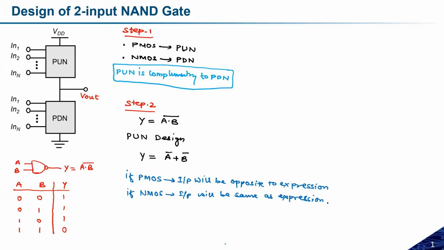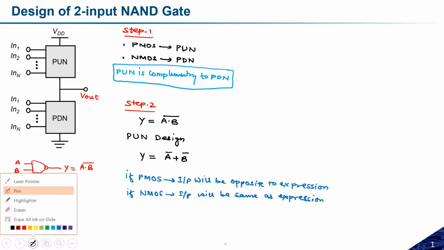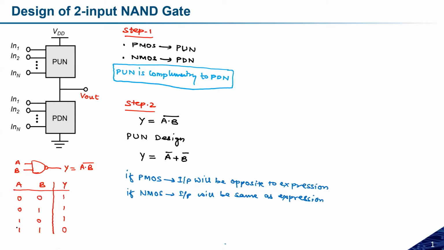Okay, one more thing. If I have a parallel combination, so if there is a plus symbol between two variables, like here we have a bar plus b bar, then I need to put both the PMOS transistors in a parallel combination.